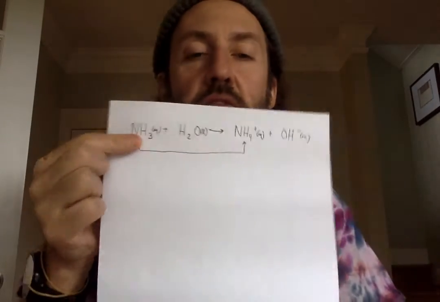Because it gained a hydrogen, it's going to be a base. And then since the base gains a hydrogen, that becomes the conjugate acid, which makes water the acid and the OH the conjugate base.